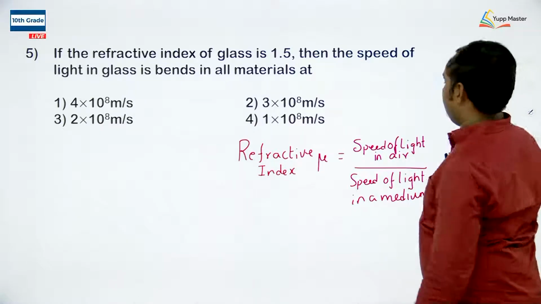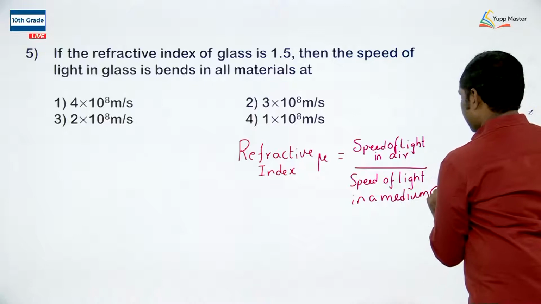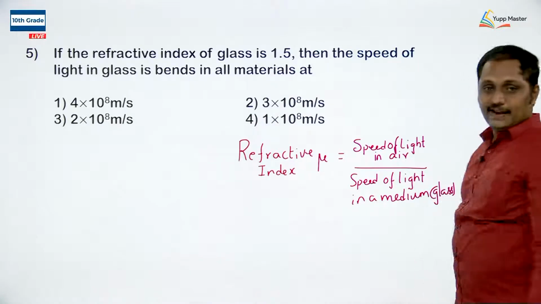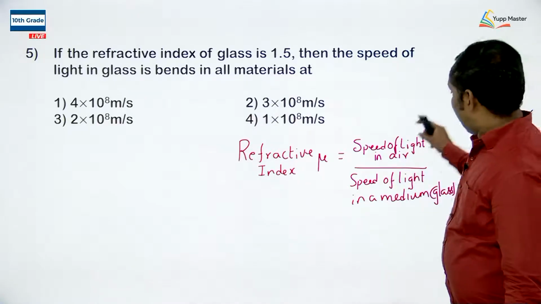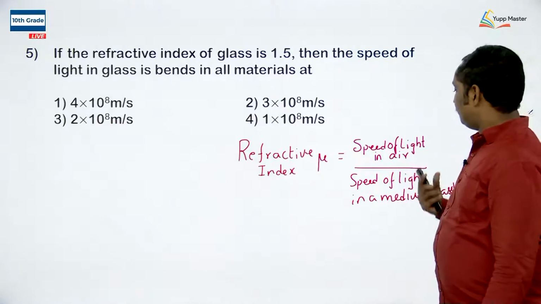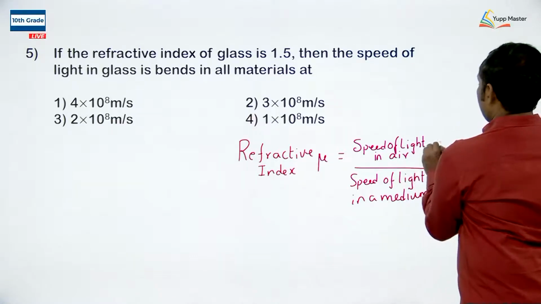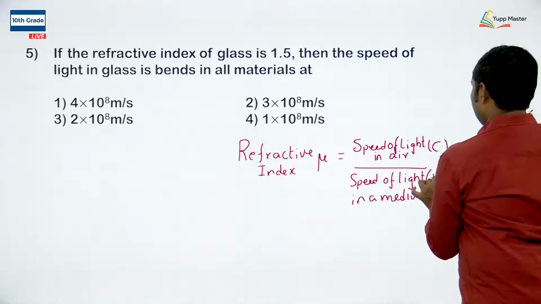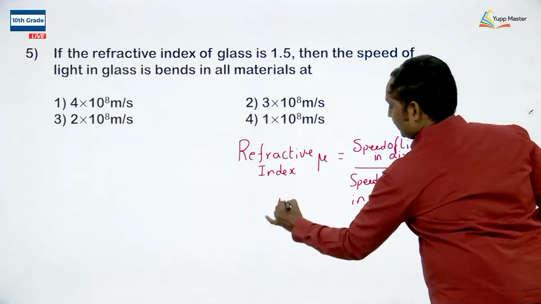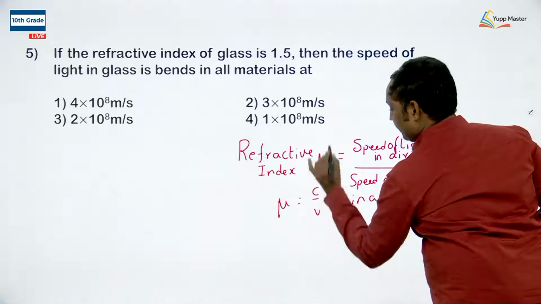What they have given is a medium of glass, so you have to take that in a medium of glass. Please have a look into that matter. The speed of light in air or vacuum is C, and in the medium it is V. So the refractive index is nothing but the ratio of C and V.